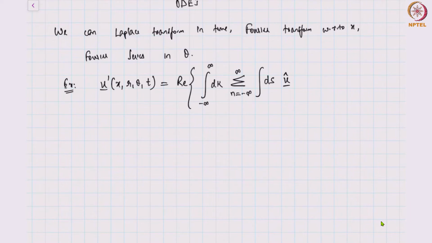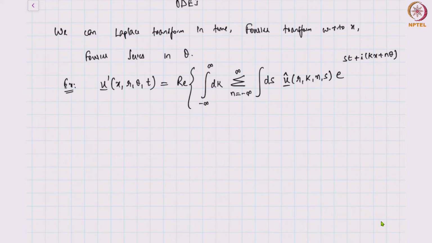In general, u hat is a vector function of r, k, n and s, times the exponential of st plus i(kx plus n theta). That's what I have. So what I have done is I have replaced this. When we have a linear partial differential equation, we use a variable separable form of the solution. This is actually a variable separable form of the solution.